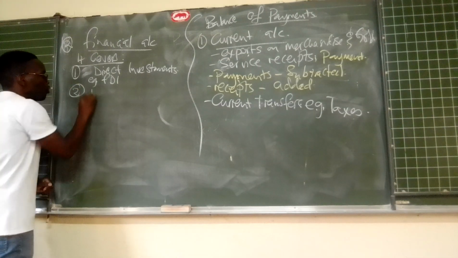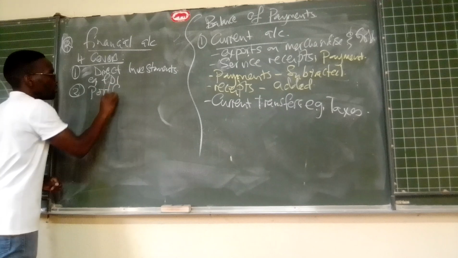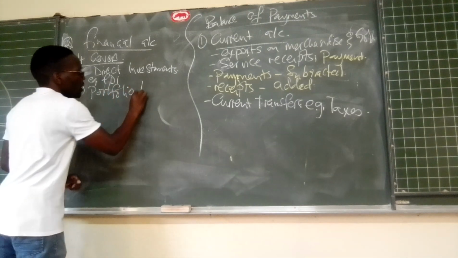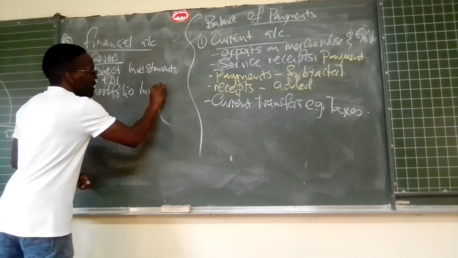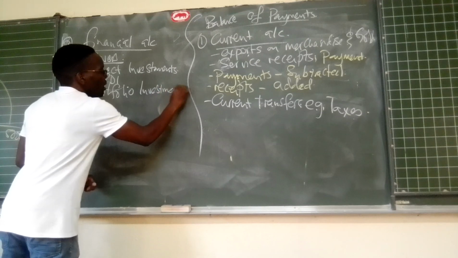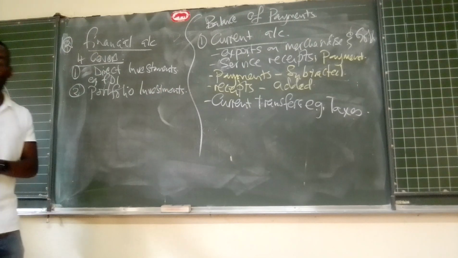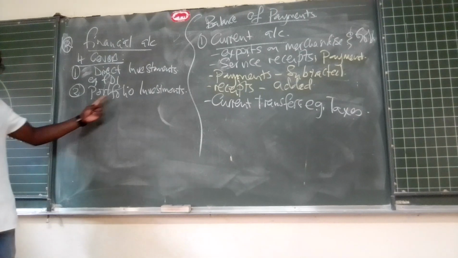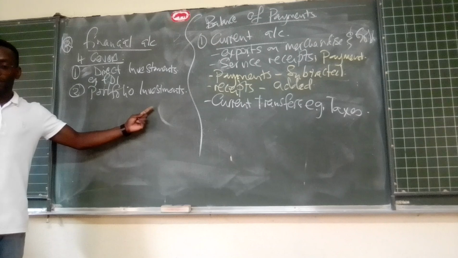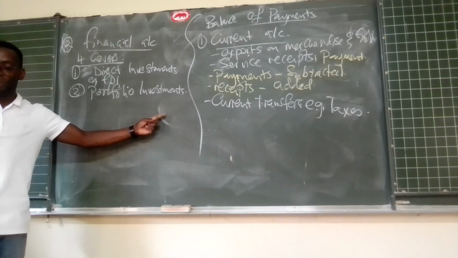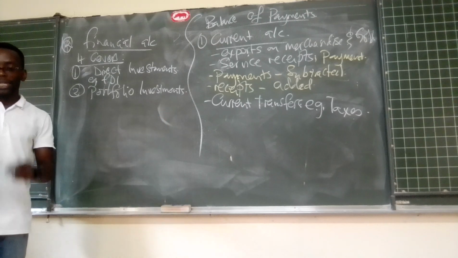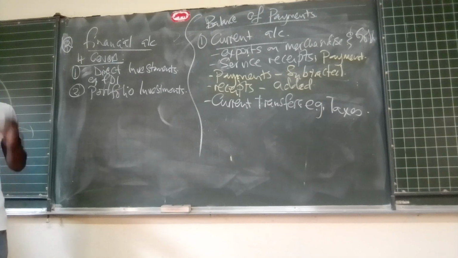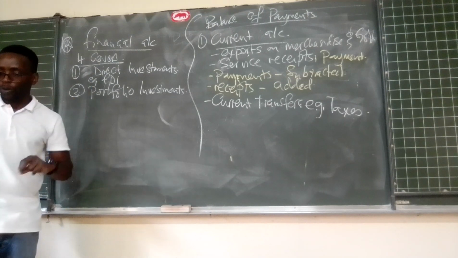And then another one that we are looking at under the financial account also covers things like portfolio investments. Okay? Now, when we talk of portfolio investments, learners, this is when an investor invests in an existing business with the intention of gaining a portion of the profits from that business.